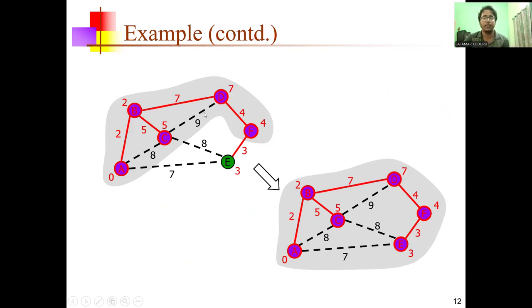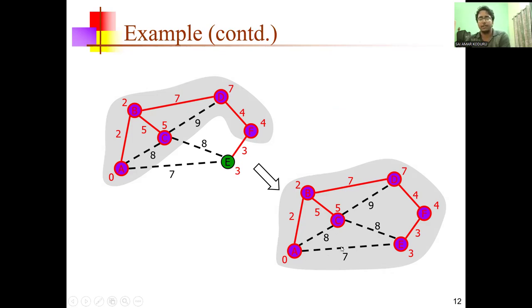D to C. We won't go to C again because it would form a loop, and that's not what we are looking for. From D, we have another possible option which is F. So from D to F, and later from F to E, which is another least cost path.